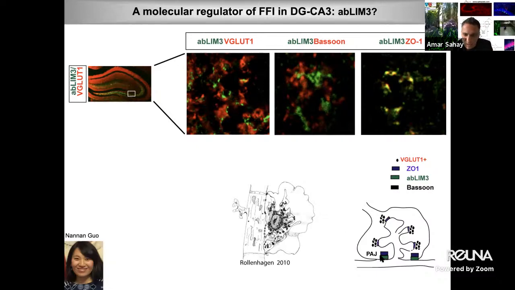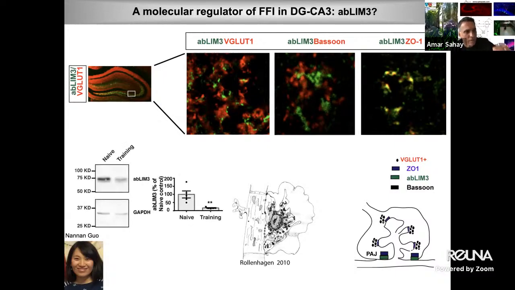These puncta adherentia junctions are thought to stabilize the mossy fiber terminal on the dendritic shaft of these principal neurons in CA3. What Nanan found was that in a contextual fear conditioning task, we see a downregulation of ABLIM3 protein in these mossy fibers in the hippocampus.